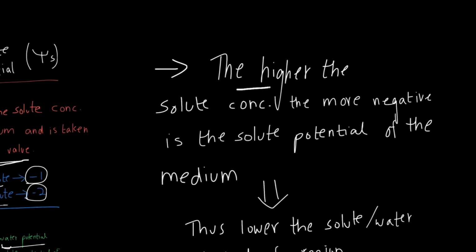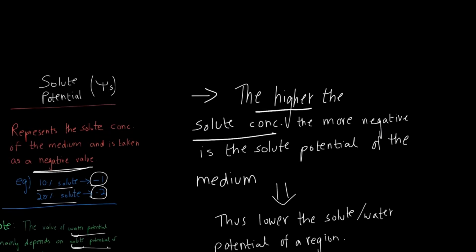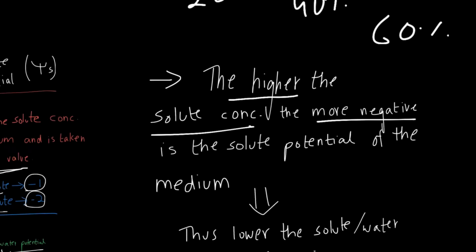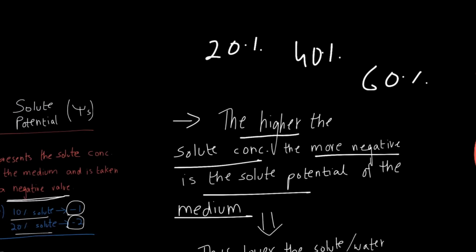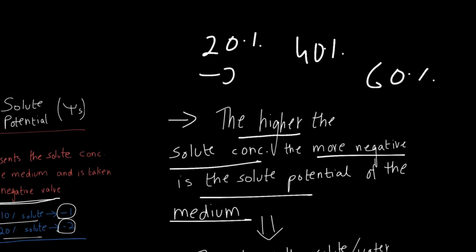The higher the solute concentration, which means if you increase, say for example, 20%, 40%, 60%, the more negative the value of the solute potential of the medium will be. That should make sense, because it will be -2. When you increase the solute concentration, it becomes -4, then -6, and so on.